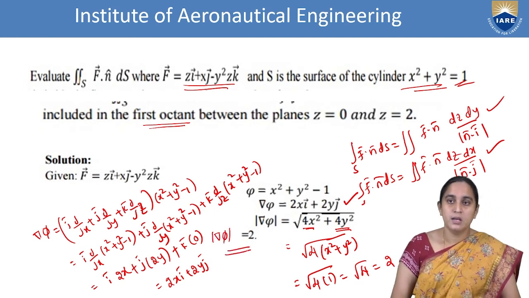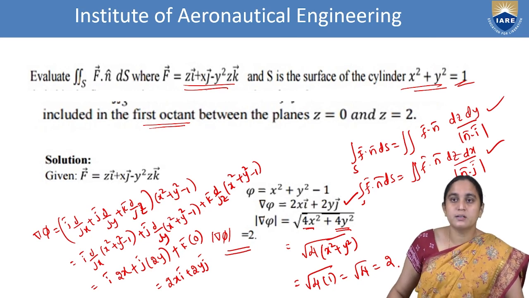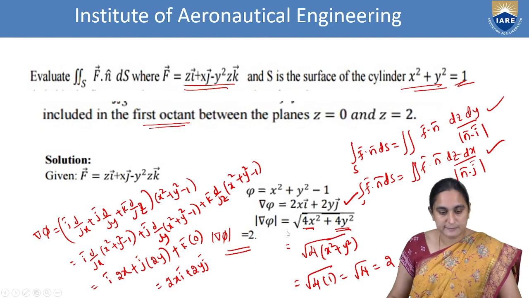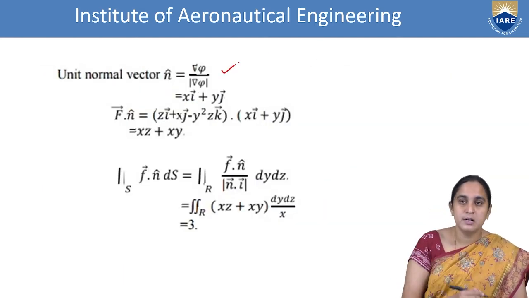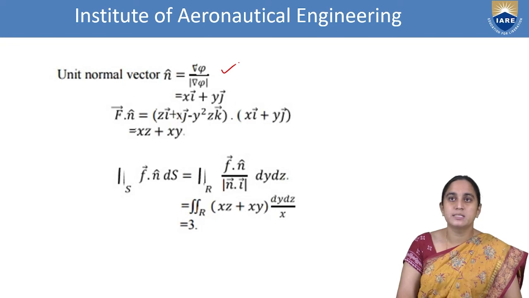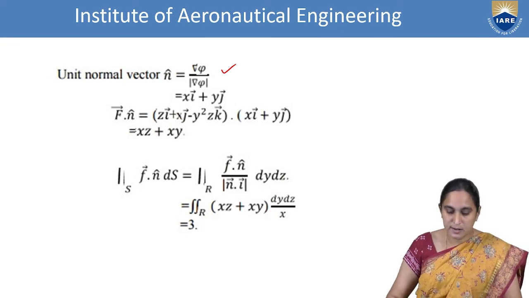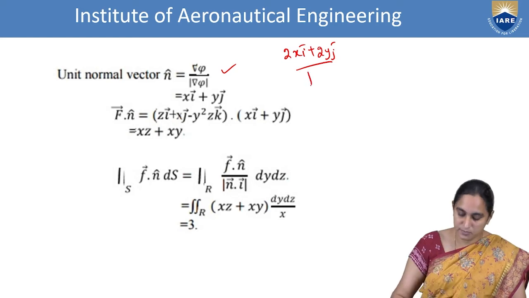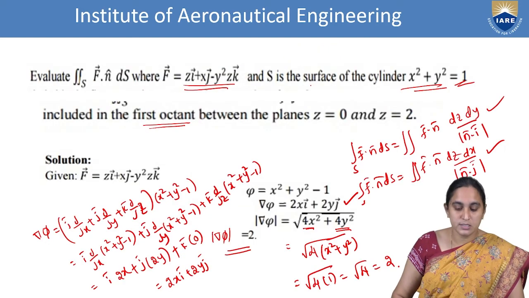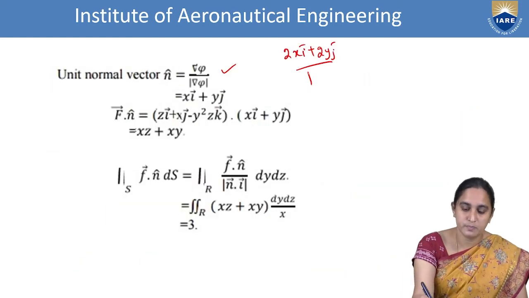Now we have del phi and modulus of del phi. Therefore, the unit normal vector formula is del phi by modulus of del phi. What is del phi here? That is 2x i bar plus 2y j bar, by modulus of del phi, which is 2.